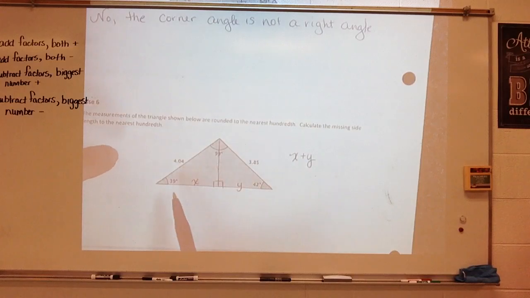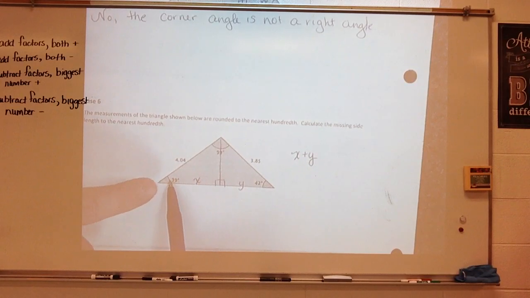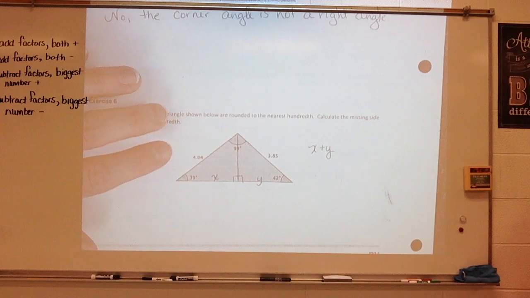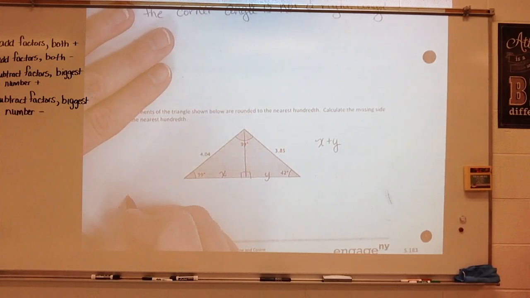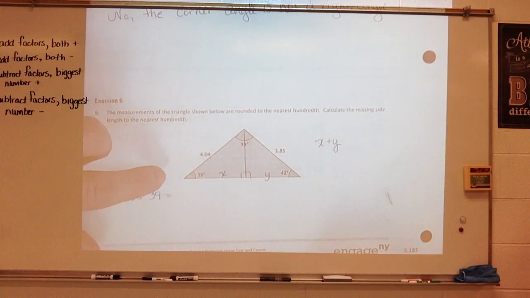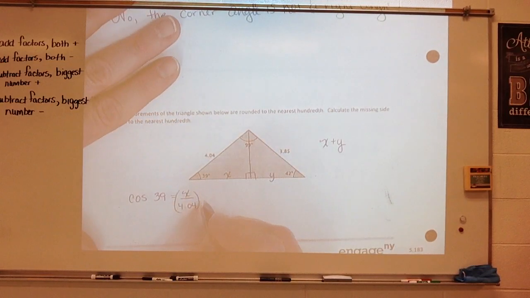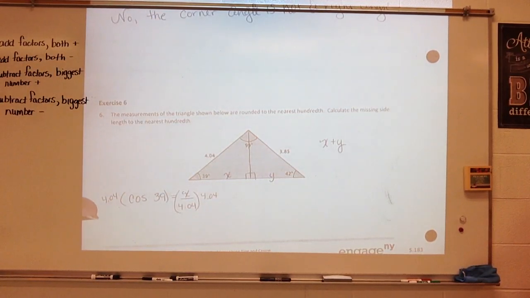So I've got X is my adjacent over hypotenuse. So I'm going to do the cosine of a 39-degree angle, which would be X over 4.04. Multiply everything times 4.04.